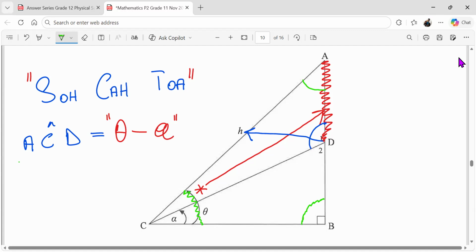And once we know angle A, then we can go to this non-right-angled triangle and use the sum of interior angles once again in order to find it. Okay, let's quickly go and do that. I know as I'm explaining it, it really seems difficult, but let's quickly show it's not difficult at all.